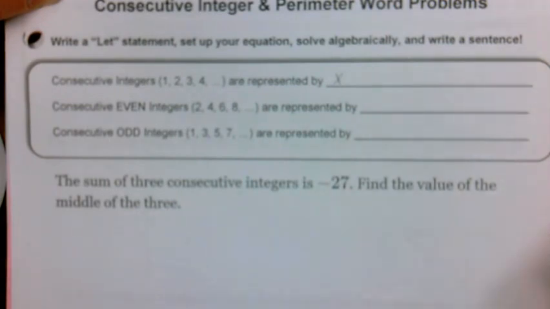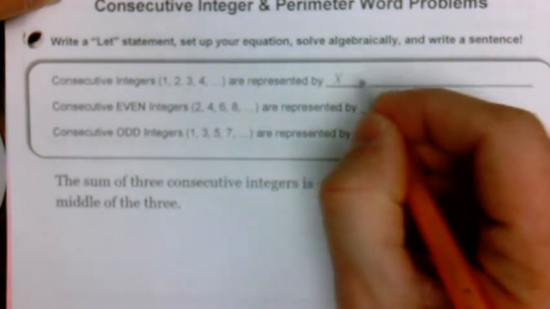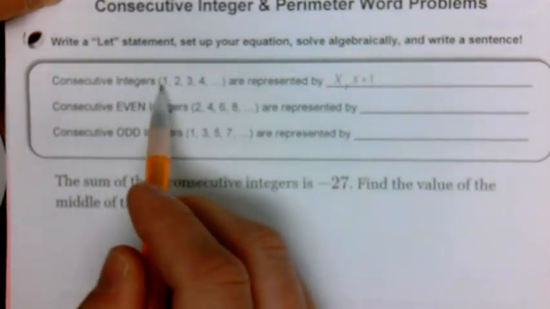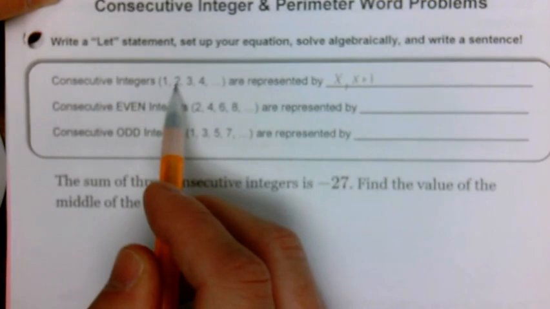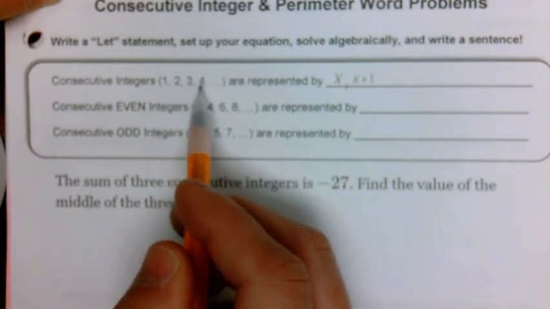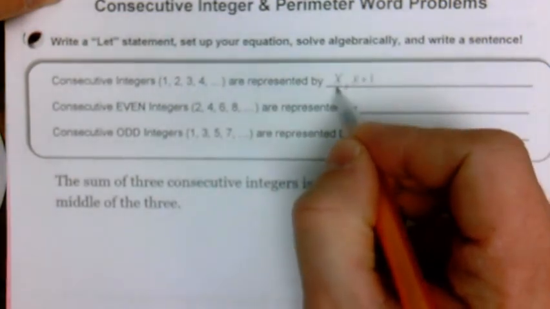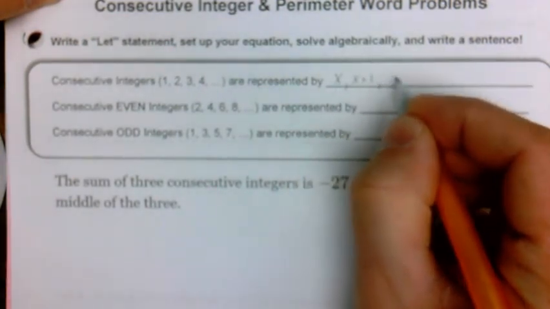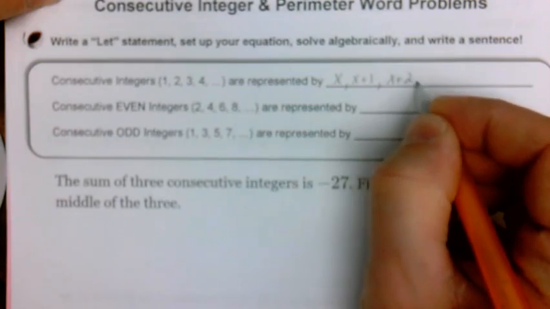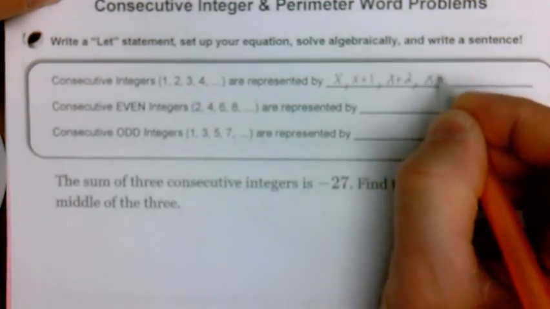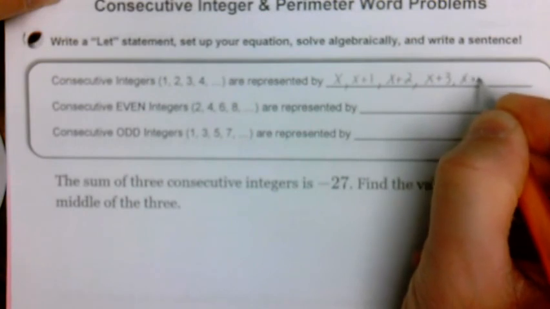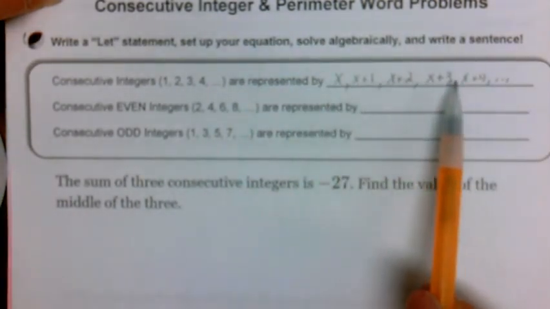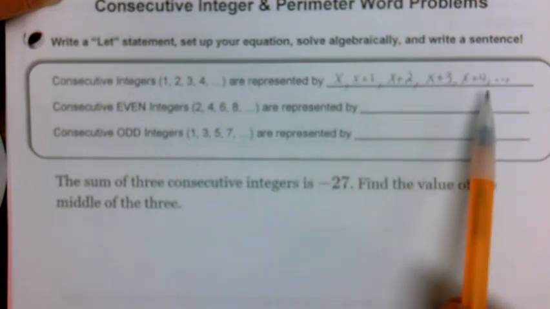Then to get to the next consecutive integer, all I'm going to do is add 1 to it. 1 plus 1 gets me the 2, then 2 plus 1 gets me the 3, 3 plus 1 gets me the 4, etc. So my first integer is x, my second is x plus 1, my third is x plus 2, my next is x plus 3, and then x plus 4, and so on. Algebraically, this is how we represent consecutive integers.